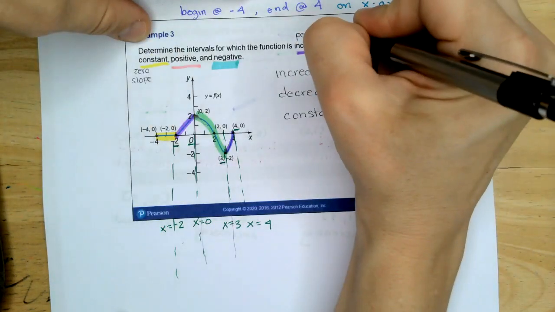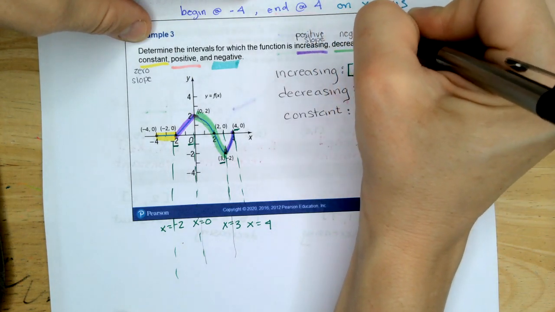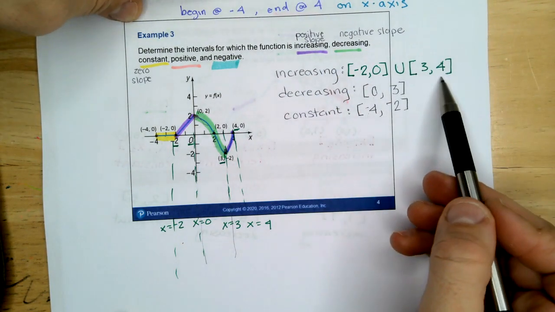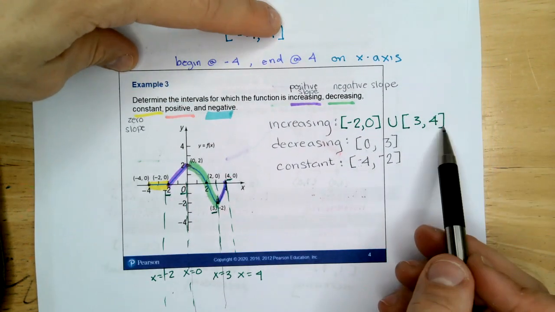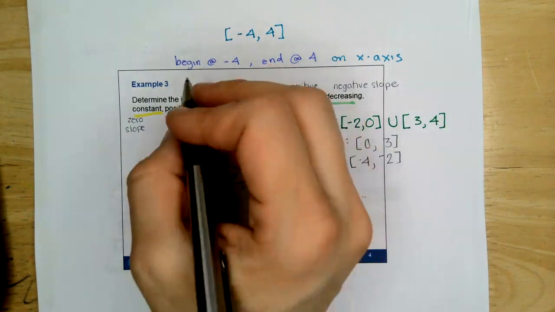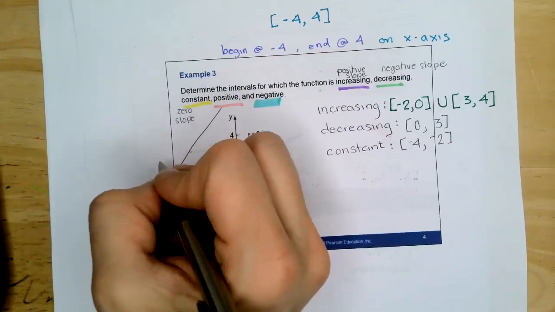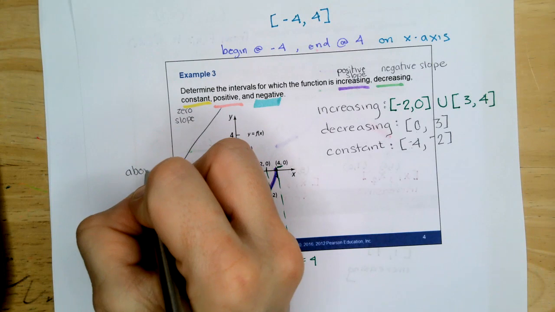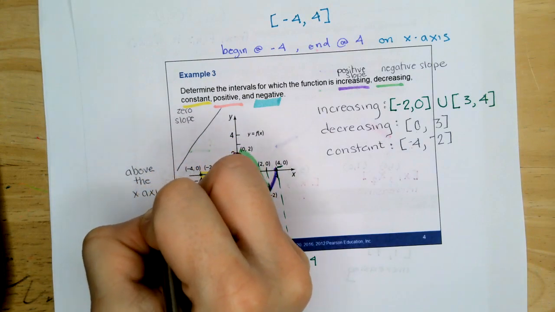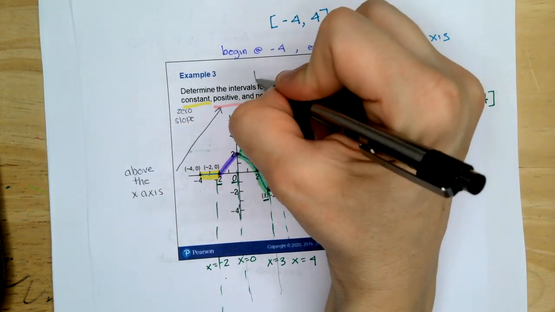This was a negative slope. And we covered that, right? We went all the way from -4 to +4, we covered all of it. But now where is it positive, above the x-axis? So by positive here, they mean above the x-axis. And by negative, they mean below the x-axis.